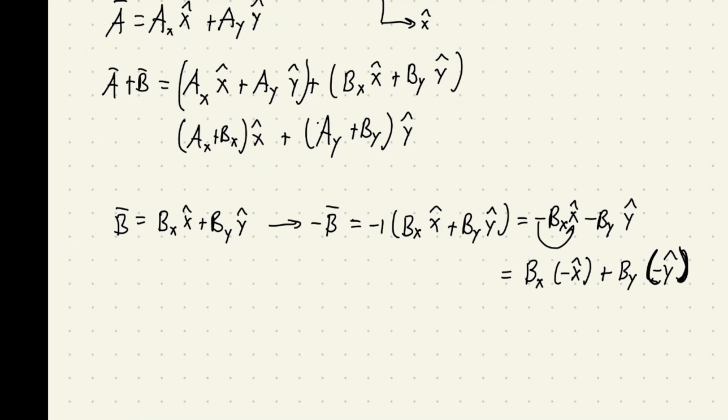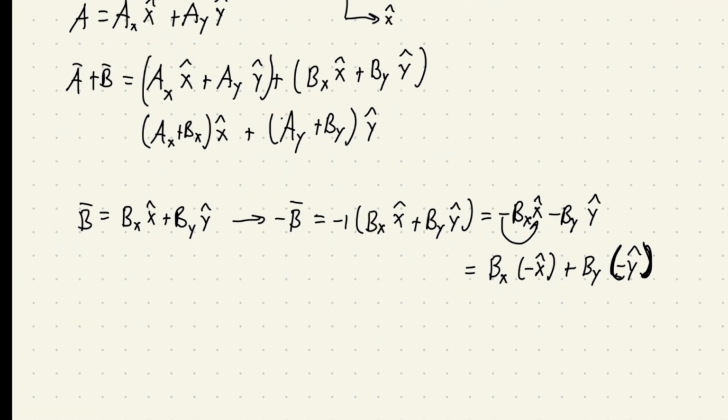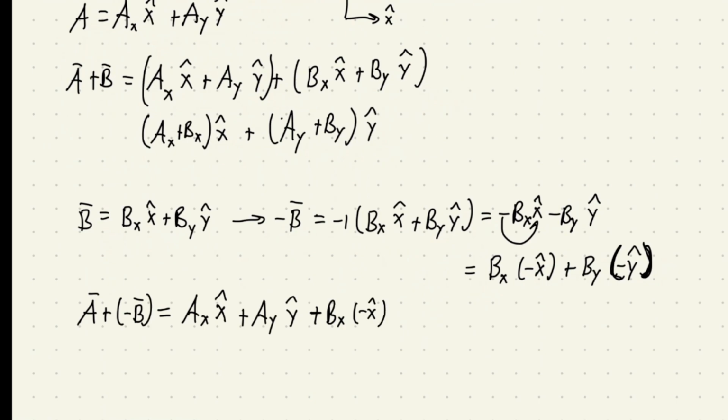So now I have negative b, and if I want to do vector subtraction, it's the same thing as a vector plus negative b vector, which I would then call ax in the x hat plus ay in the y hat minus, or maybe let's keep it with the old notation, plus bx in the negative x hat plus by in the negative y hat.